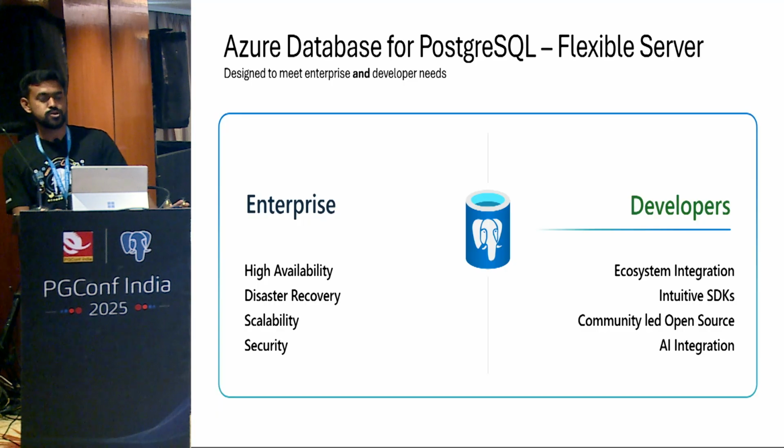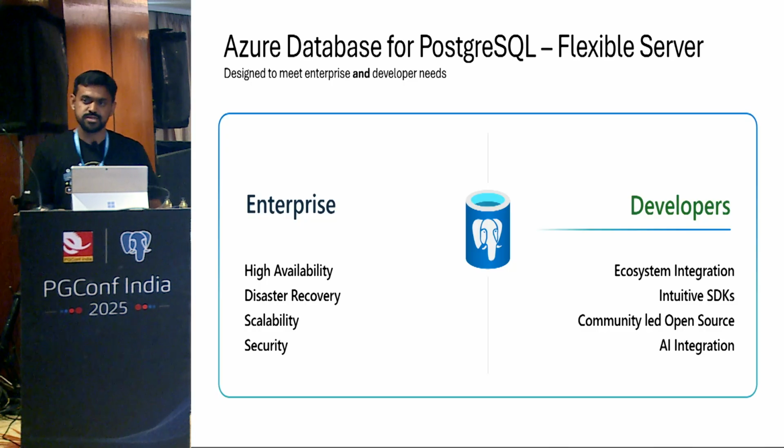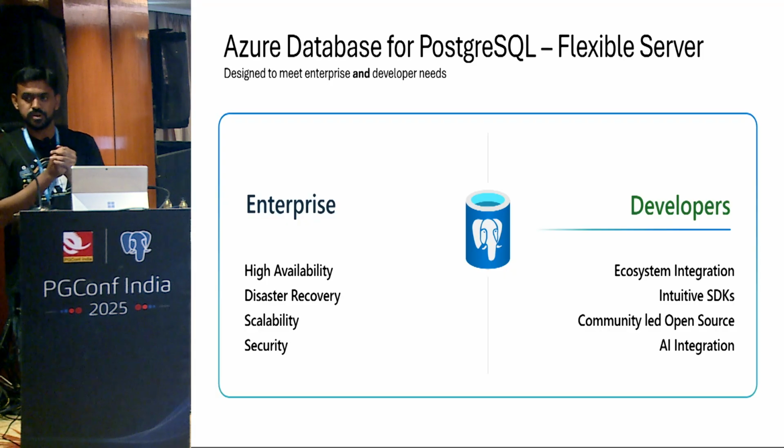We support two different setups for high availability in flexible server. One is same-zone HA, which means your standby is in the same data center. If there is a node failure, where there is only a problem with your server, we can automatically detect it and promote the standby to be the new primary.